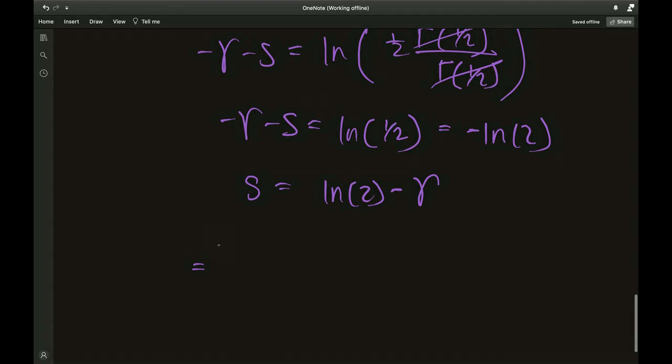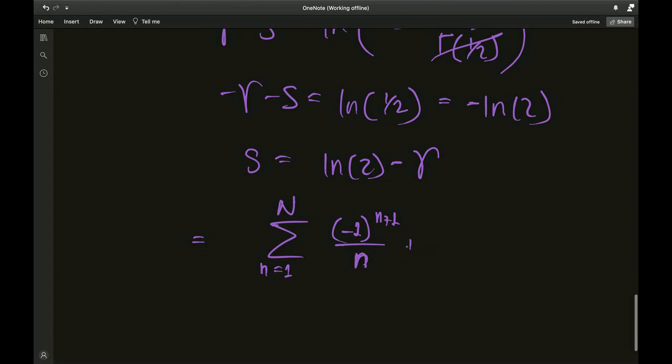In case you want to write this as an infinite series, you can have the sum from n equals 1 to capital N of minus 1 to the n plus 1 over n, that's natural log of 2, just the Taylor series of that, plus natural log of N minus 1 over N in the limit that this capital N goes to infinity.